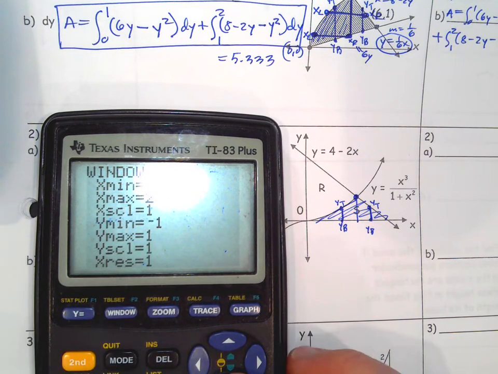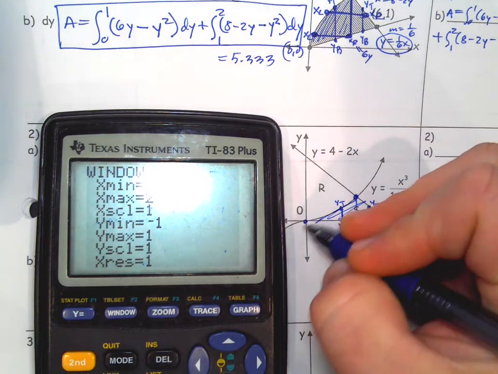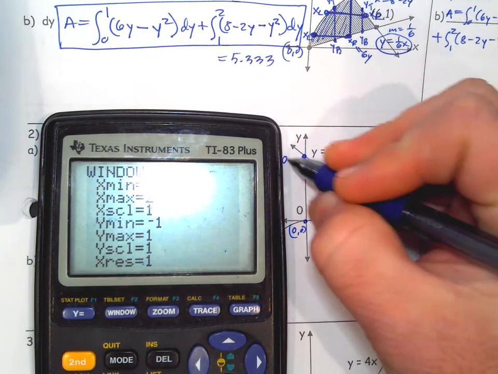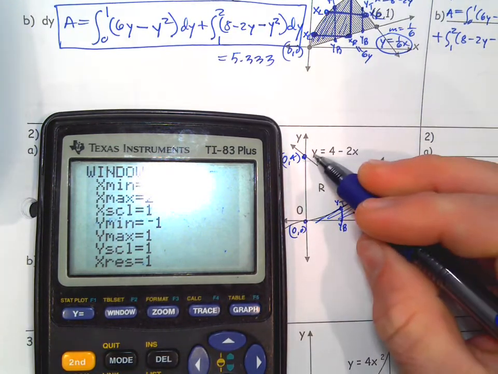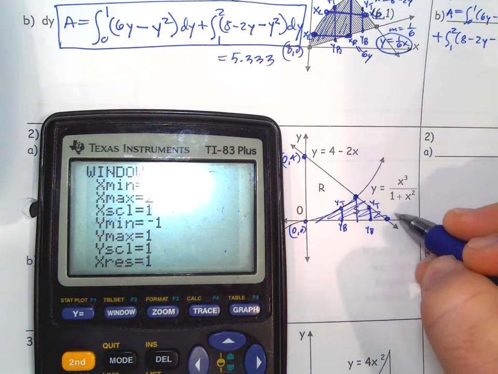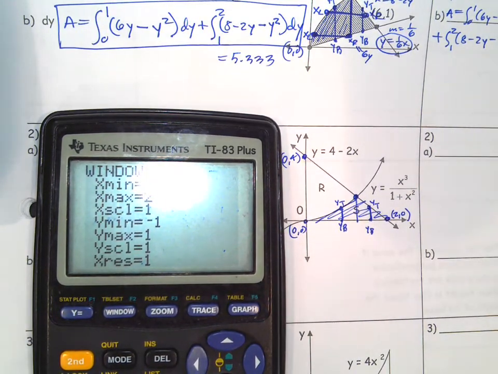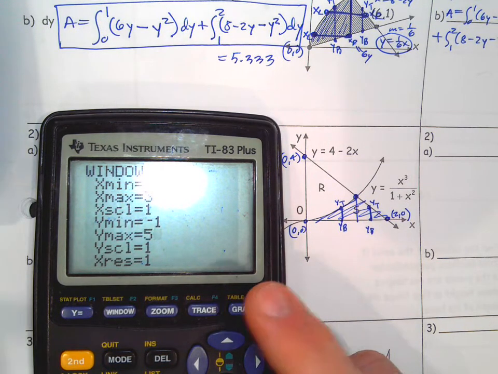Window: this x-intercept here is 0, 0. Plug 0 in here, that's 4, so 0, 4. If you find these, you can get a good idea of what a good window would be. If you set y to 0, you get 2, so 2, 0. So I think we could say negative 1 to 3, and then negative 1 to 5. Seems like a good window.